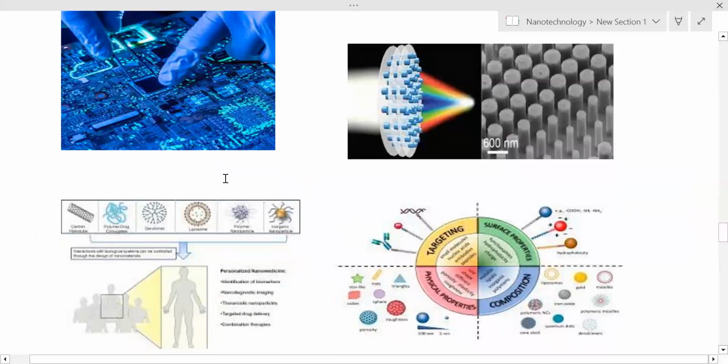Nanotechnology has potential applications in nanoelectronics, nano-optics, nanobiological systems, nanomedicine, and other new materials.